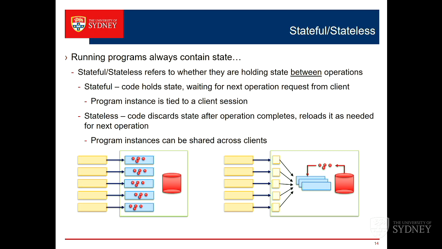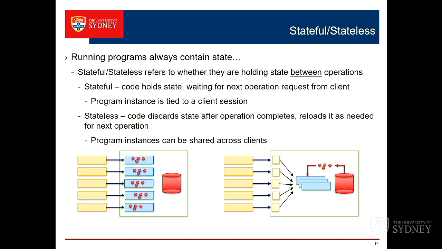A stateless program gets a request in, restores the state appropriate for that client, performs the operation, saves the state somewhere safe, and then throws it away. So in between the operations, it is not maintaining any state for that client, which means, of course, it can be shared.